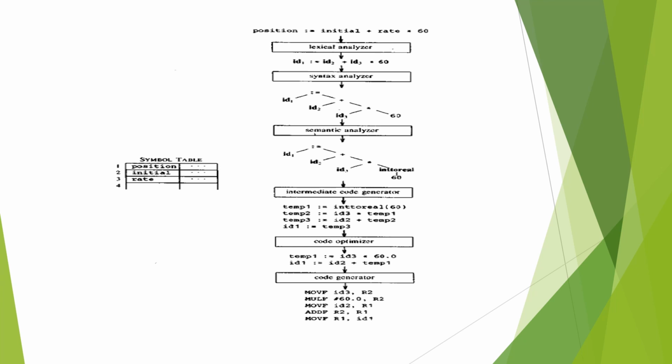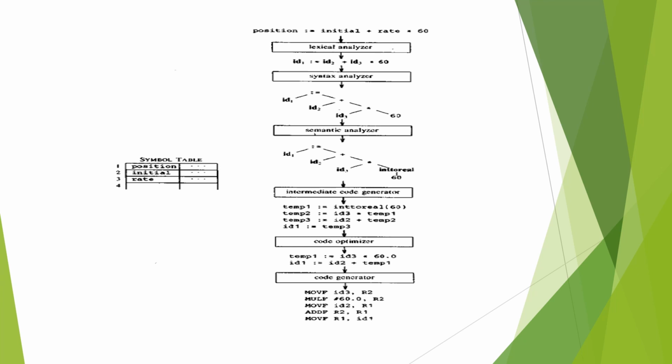If we have numbers, it checks whether we need to convert an int into real or float. That process takes place in the semantic analyzer. Then it enters the intermediate code generator. In that, everything is stored in temporary variables. First step, we take the first variable into real, as temporary variable 1.